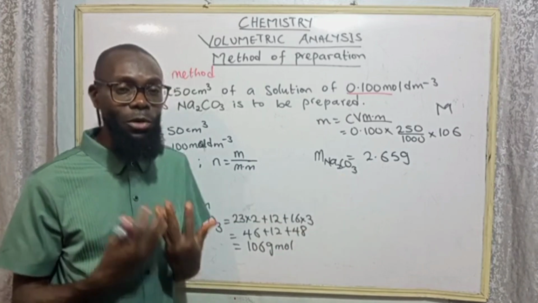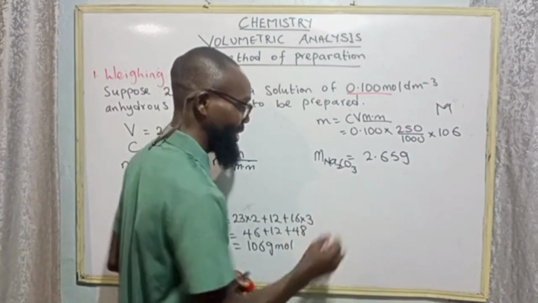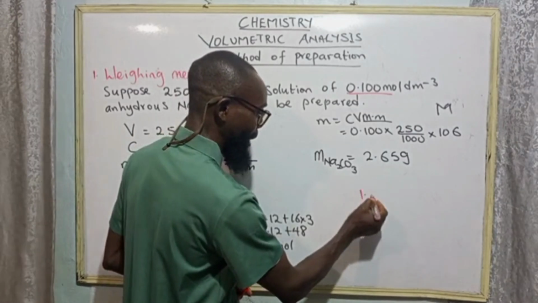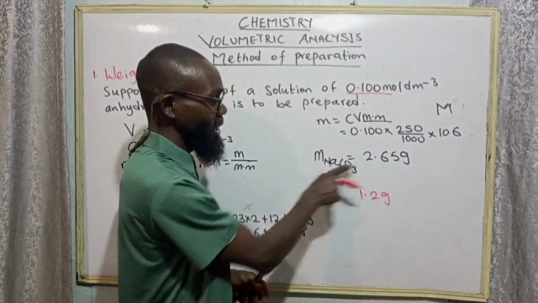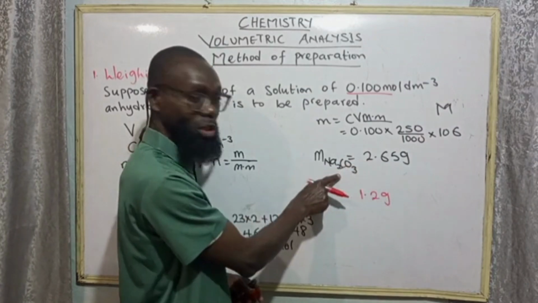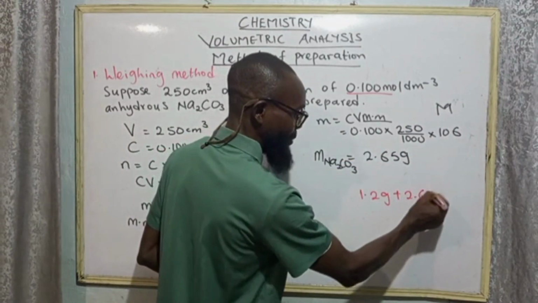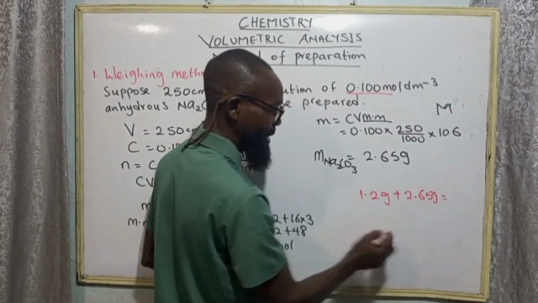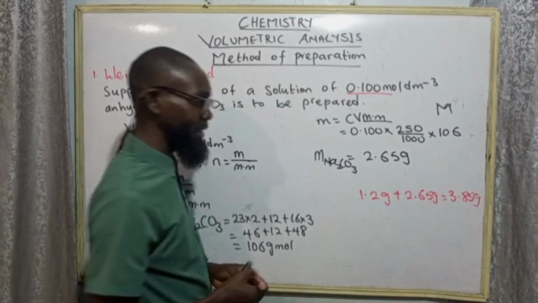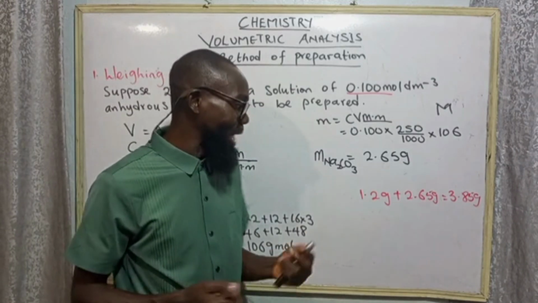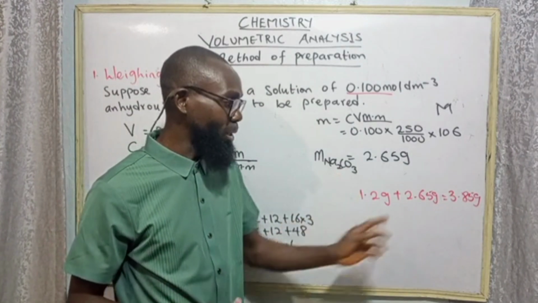Then, if it gives us a weight, let's say the weight of that dish itself is 1.2 grams, and we want to know the weight of 2.65 grams of sodium carbonate, so we are going to add this together plus 2.65 grams. This gives 3.85 grams.